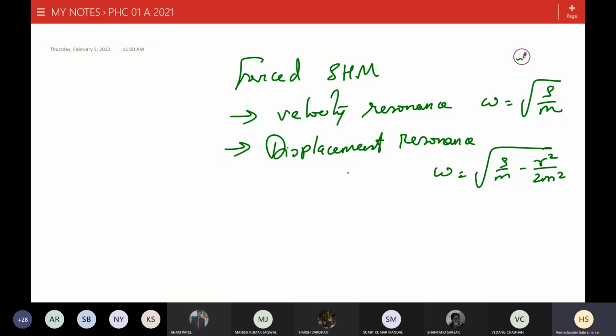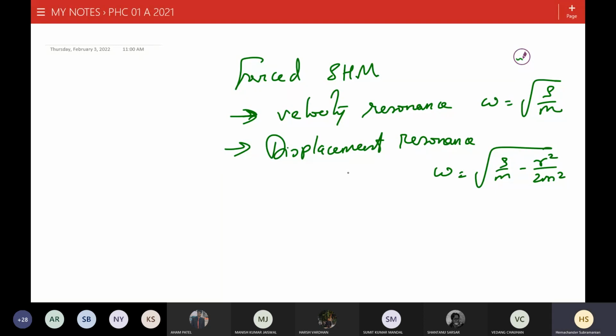Okay, so these are the two kinds of resonances, and velocity resonance is where the energy transfer is maximal. You transfer as much energy as possible to the oscillator.